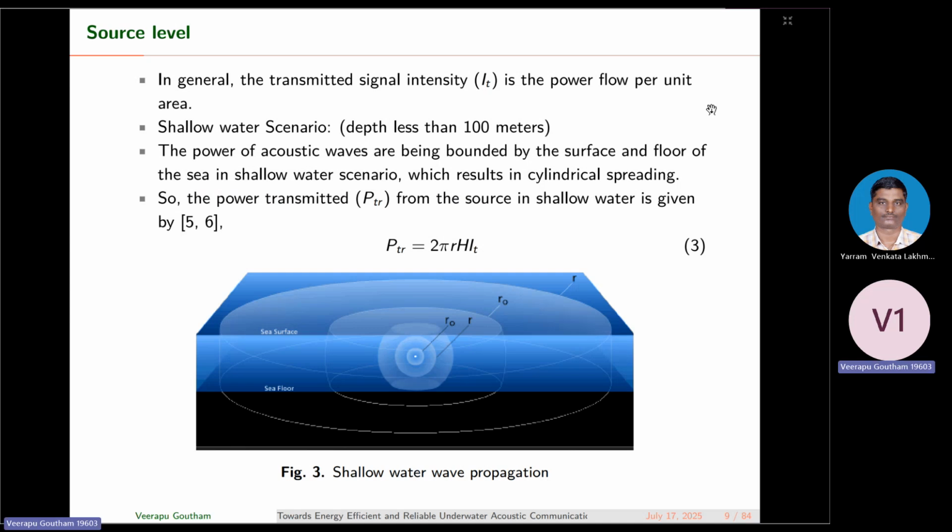In deep water, the depth is greater, like 100 meters or more. In the shallow water scenario, if the sensor node transmits signals, those signals are reflected back from the ocean bottom and the top surface. The acoustic signals reflect from top and bottom, and this leads to cylindrical spreading of acoustic signals.